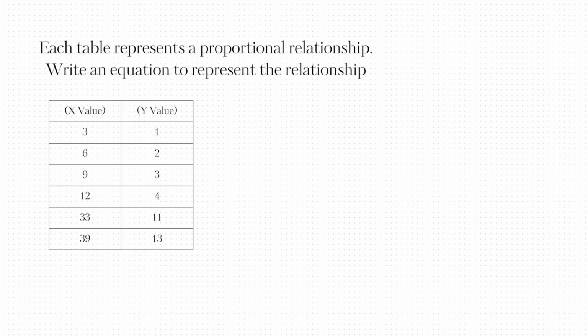Again, it says each table represents a proportional relationship. Write an equation to represent the relationship. So again, it's going to be y equals kx. This one's a little more challenging because we're going to have a fraction. To go from the x value to the y value, it looks like we're dividing by 3, or a third.